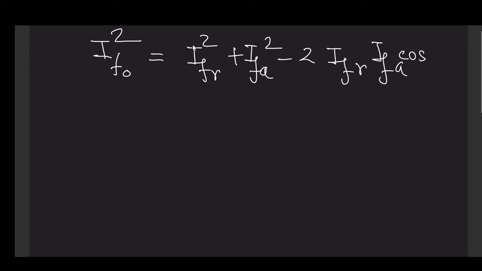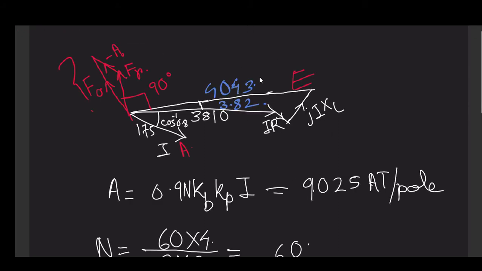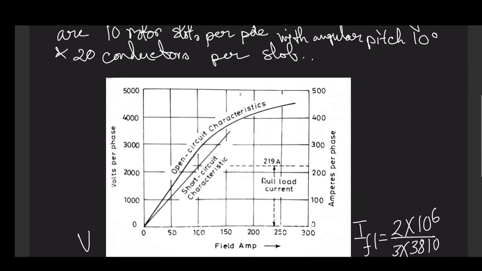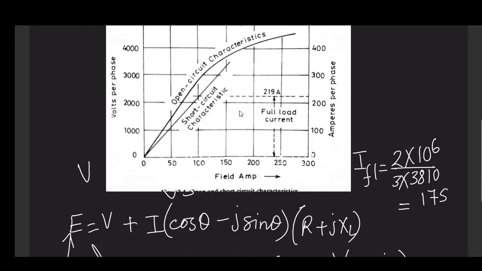Now we need to know IFR. How do we figure out IFR? We have figured out this value is 4043. For that we need to find the proportional value of current that should be circulated through the field. From this curve we can figure out the value of current required to produce 4382, which is somewhere here.